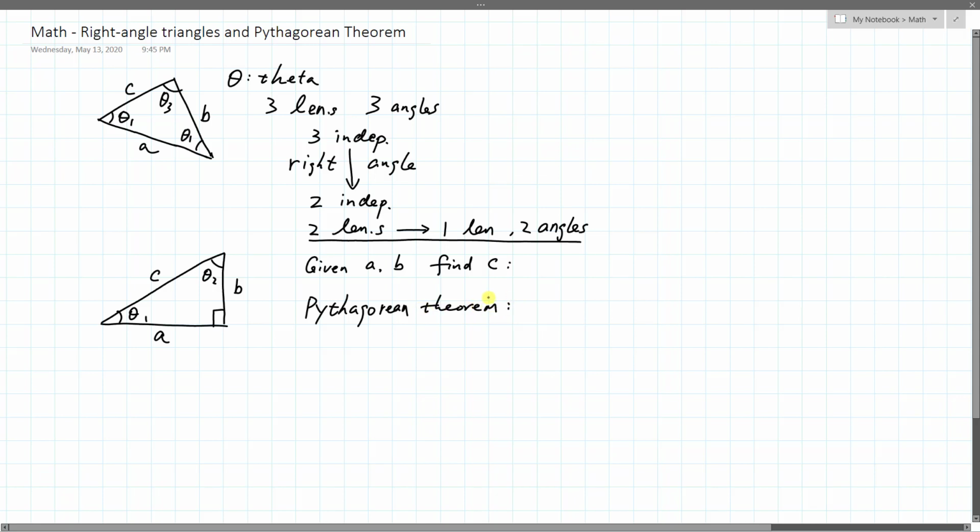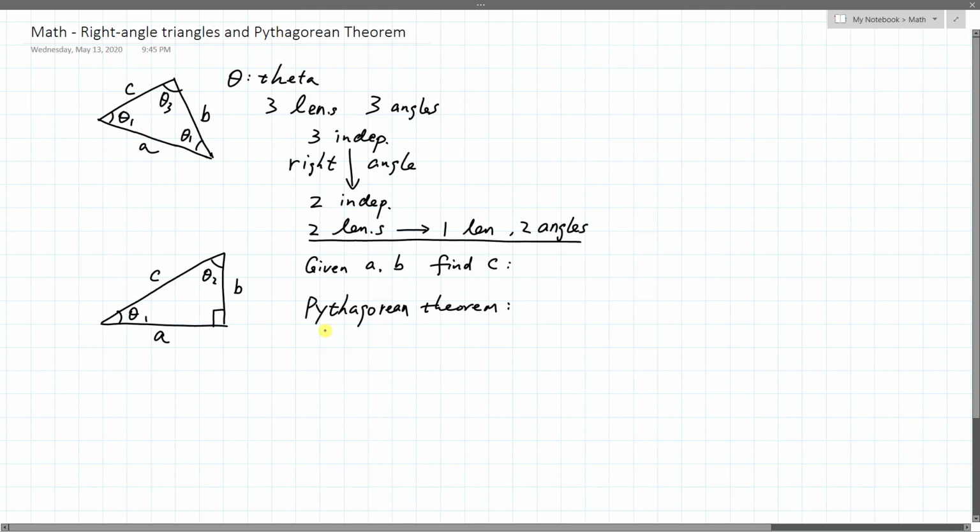According to the Pythagorean theorem, here's how to find C. C, which is this diagonal side, we call the hypotenuse. If we're using theta 1 as the angle we're interested in, this A here is adjacent to the angle, so A is adjacent and B is opposite. But if we're choosing theta 2, then A becomes the opposite and B becomes the adjacent.